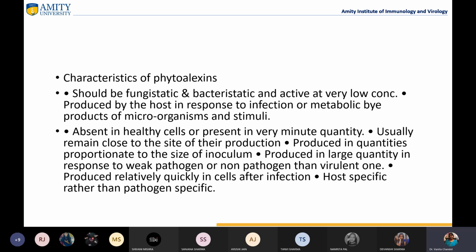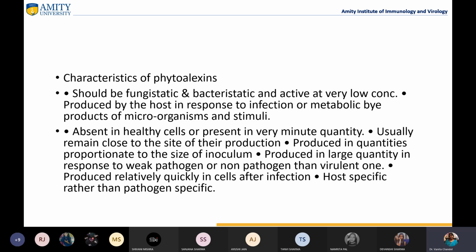They say that they should be fungistatic, and active against fungi and bacteria also, and they are very active at very low concentrations also, and these are produced by the host in response to infection, or some as metabolic byproducts of a microorganism and their stimuli also, right?